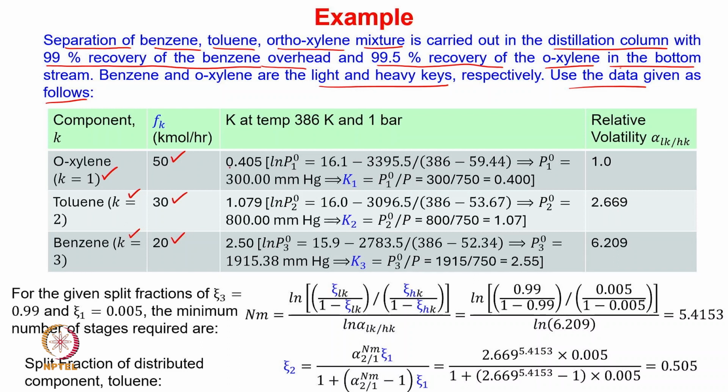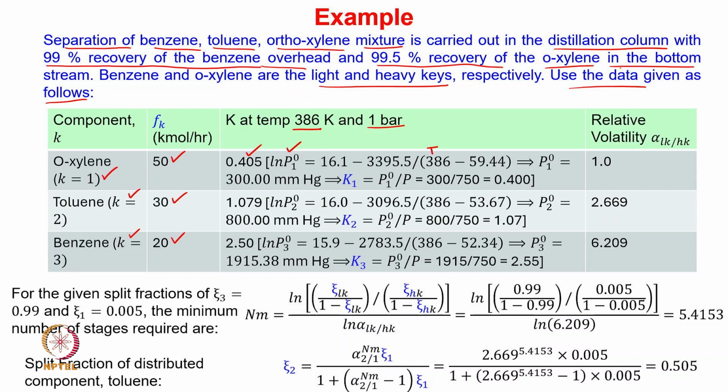The equilibrium constant for orthoxylene at 386 Kelvin and 1 bar is given as 0.405. We can calculate this equilibrium constant again using the Antoine equation. By using this Antoine equation we can obtain the vapor pressure, by replacing T by 386, we can obtain P1 naught, which is nothing but the vapor pressure of the orthoxylene at the given temperature.